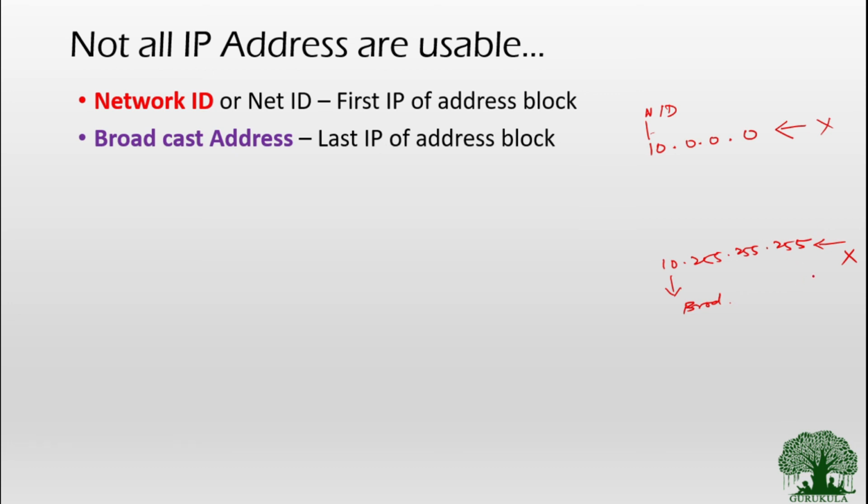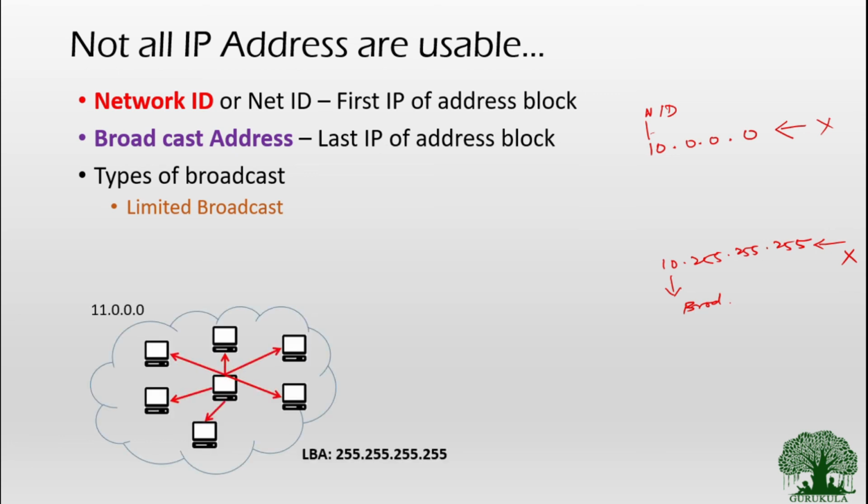Fine. When we talk about broadcast addresses, there are 2 types of broadcast addresses which we have to address. What are the 2 types of broadcast? We have limited broadcast. What is limited broadcast? When you look at the figure, you can clearly see that one particular node wants to send its information to all the systems connected in the same network. As you can see, the network ID is 11.all zeros.